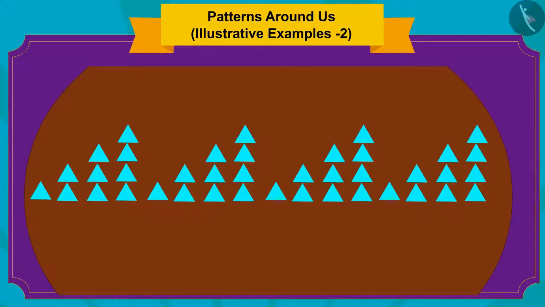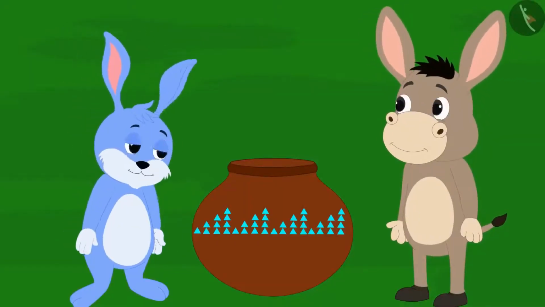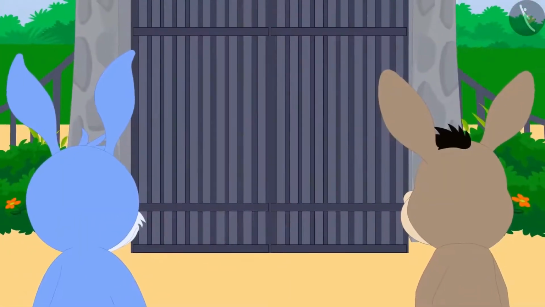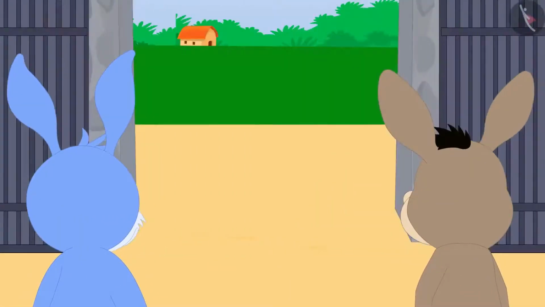Here, this pattern is made by repeating a group of 1, 2, 3 and 4 triangles. This time, as soon as Bunny and Bhola completed the pattern of the pot, the exit gate appeared in front of them.